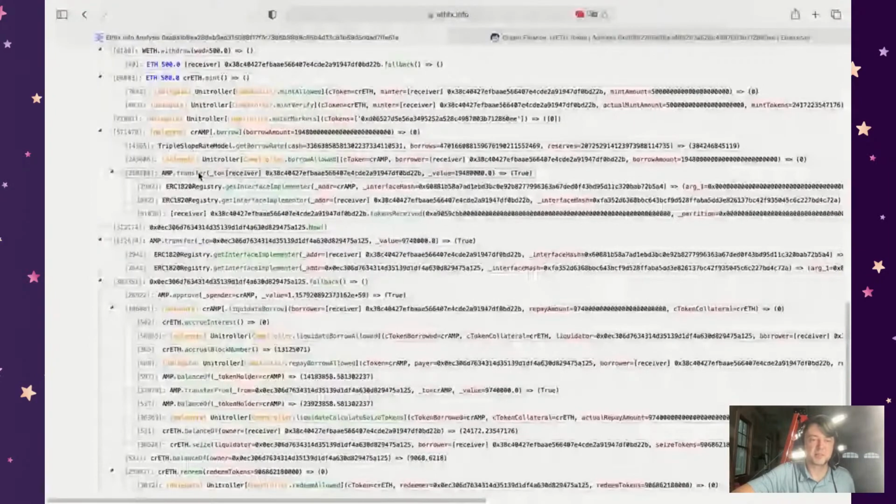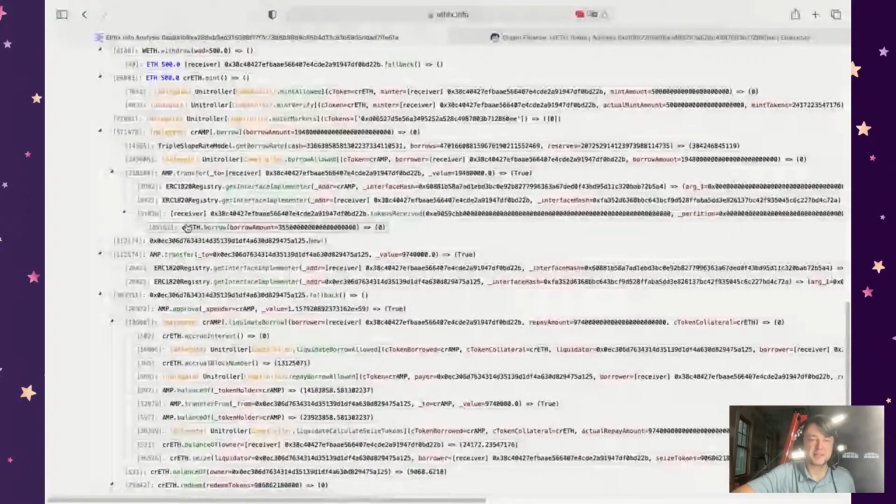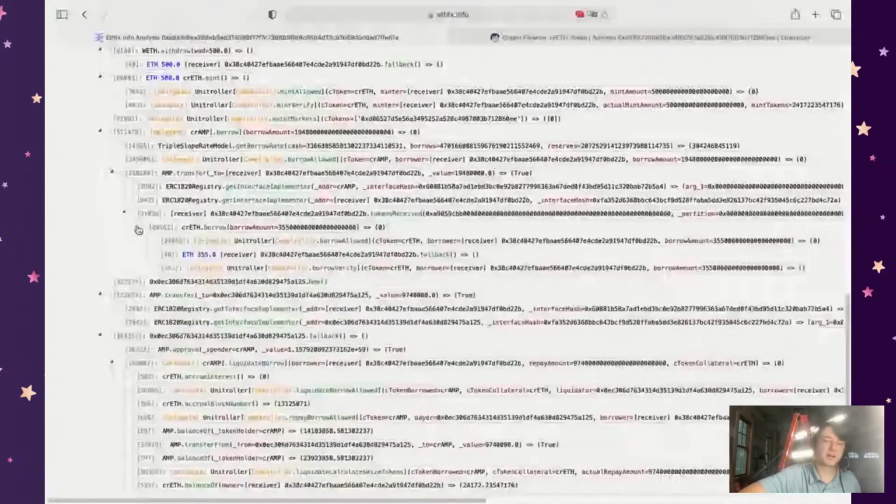And if we open this up to see what happens, we see that there's actually a borrow happening inside this borrow. There's a double borrow going on. So this appears to be a reentrancy bug. If I actually click on this right now, I'll be seeing the correctly patched version of this function, so it's not going to be super useful.